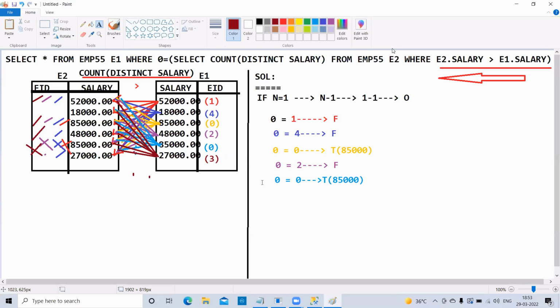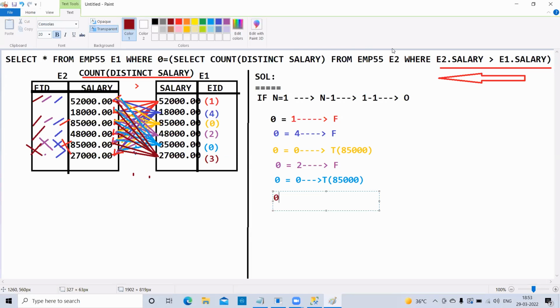So now this comparison, you just do it. 0 is equals to 3 is a condition false. Now check guys, each and every value comparison is over. So all values comparing is over.